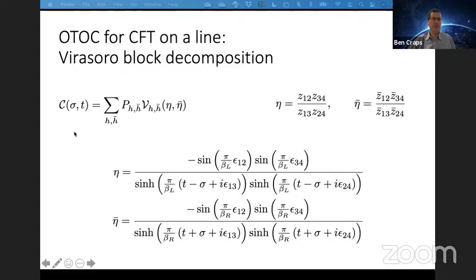Okay, so C is the OTOC. Here is a sum over conformal Virasoro blocks labeled by dimensions of primaries. Eta and eta bar are the conformal cross ratios. In the Euclidean section, they will be each other's complex conjugates. And here are the expressions for eta and eta bar.